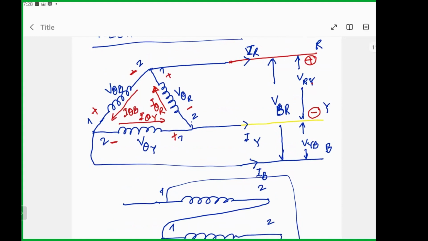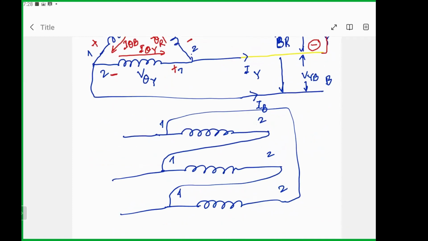Now this particular coil we can consider a closed loop, if we assume it is connected to a load or a voltage source. This is just an assumption so that we can write the KVL, with this as the positive terminal and this as the negative terminal.